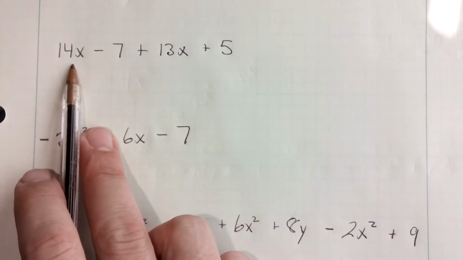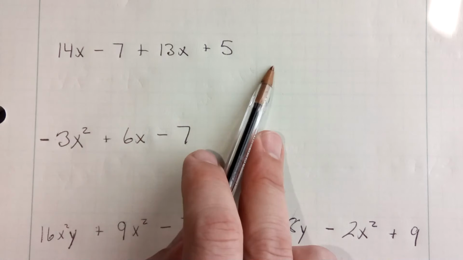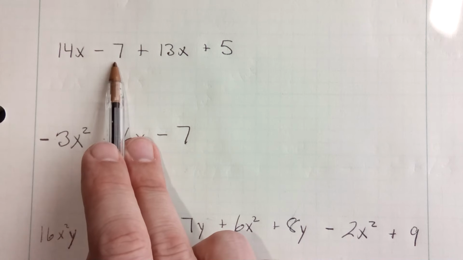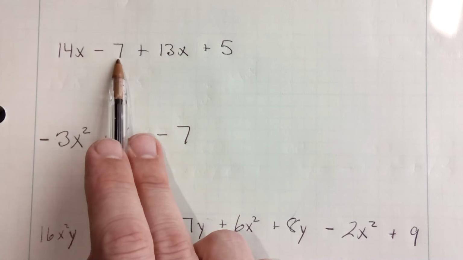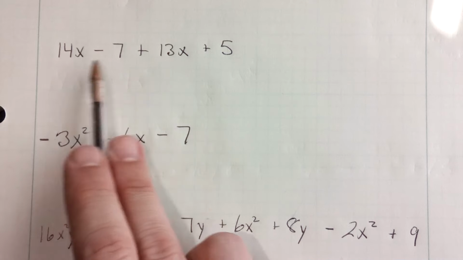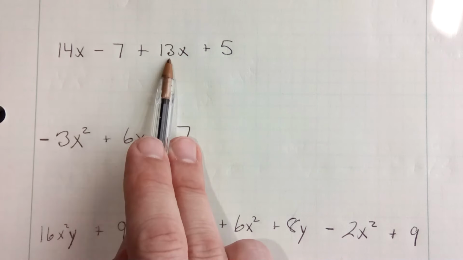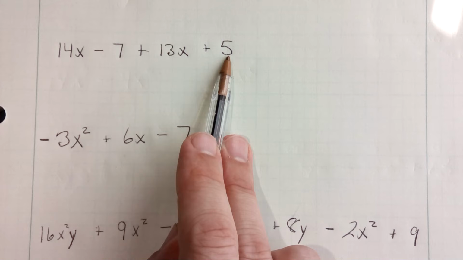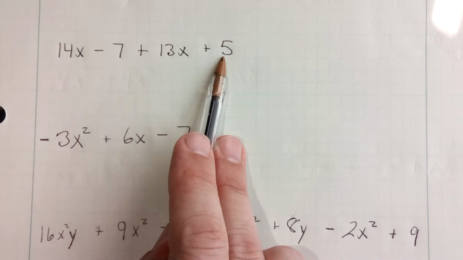For instance, I have a 4-term expression here where the first term is 14x, but the second term doesn't have an x. We cannot combine those two. But the third term does have an x. So the first and third terms are like terms and can be combined. And the -7 and the 5, because this 5 doesn't have an x, those two are like terms that can be combined.